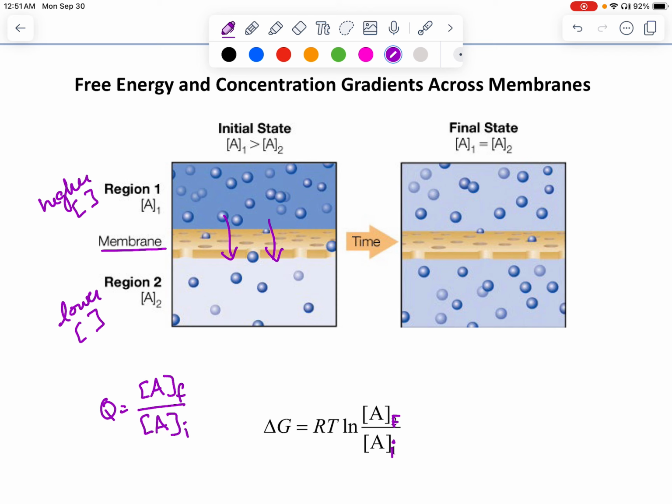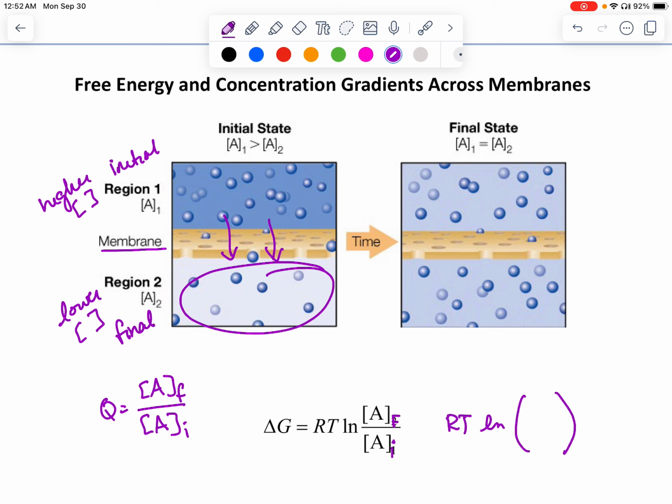And so I am going to talk about this being my final, this being my initial. And if I plug these in, I could say RT natural log, and my final is a lower concentration.